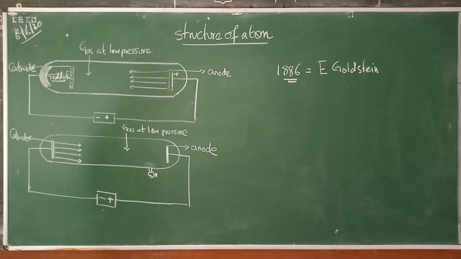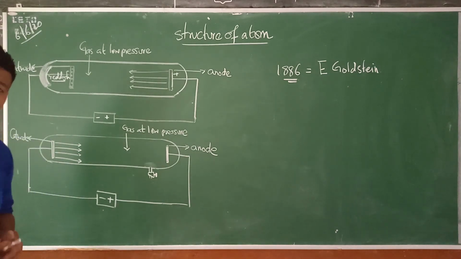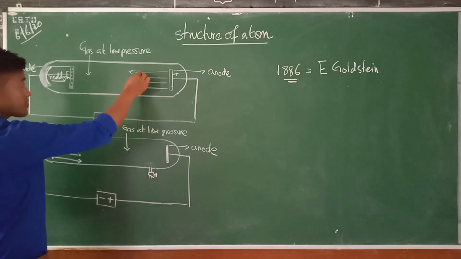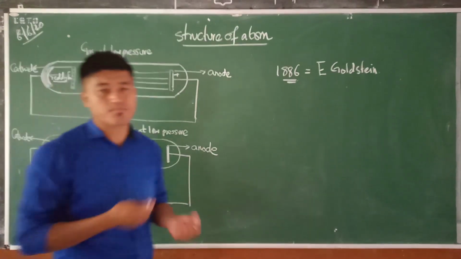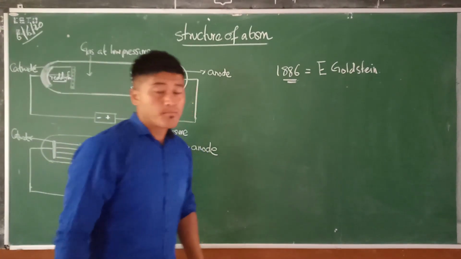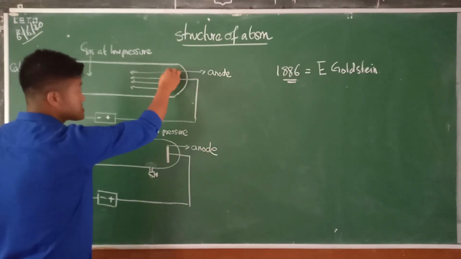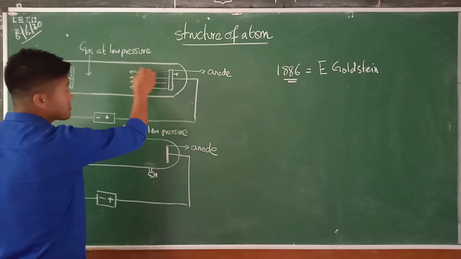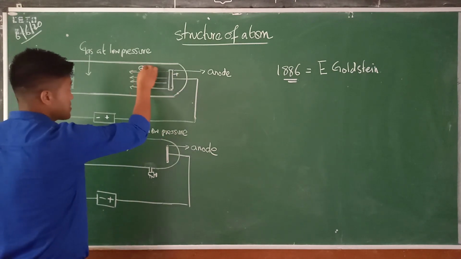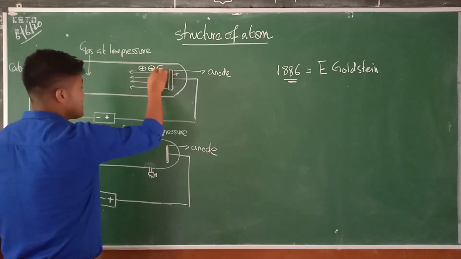Is that clear? With this he came to know that something is coming from this side, though I don't know what the particle is. The second thing he concluded is that since this is the positive side, what is coming from that side is positive by nature.